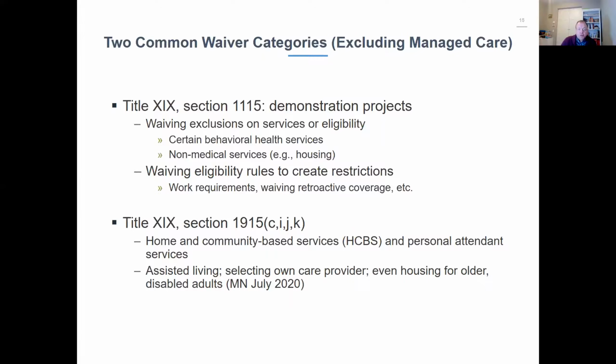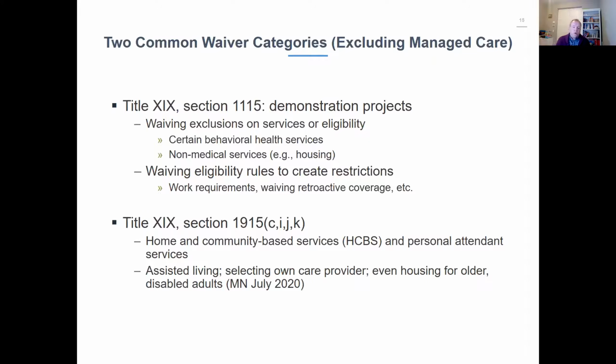The other one I would mention is Section 1915, and you'll see 1915 C, I, J, K. A couple of big categories here would be home and community-based services and personal attendant services. These might be used to cover assisted living, to select one's own care provider, maybe even housing for older and disabled adults, depending on the state.